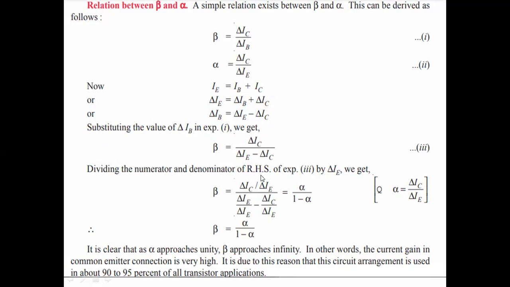Dividing the numerator and denominator on the right hand side of expression 3 by delta IE gives alpha by 1 minus alpha, whereas alpha is equal to delta IC by delta IE. So beta is equal to alpha by 1 minus alpha.